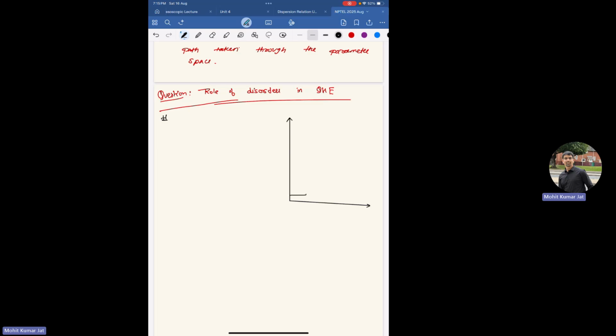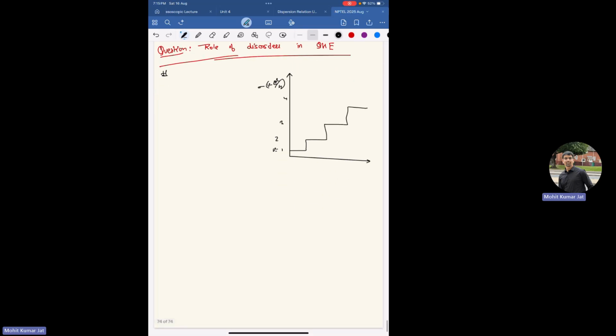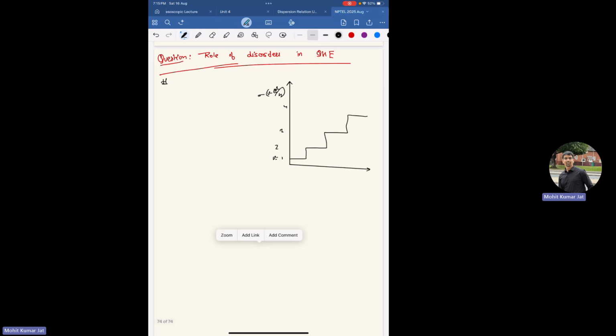Your conductivity is quantized in units of e squared by h, sigma equals nu e squared by h, where nu equals 1, 2, 3, 4 and so on, right? Since you have these conductance quantizations and these good plateaus, it turns out that it is actually the existence of the disorder which makes these plateaus look nice and flat, and I'll be discussing it.